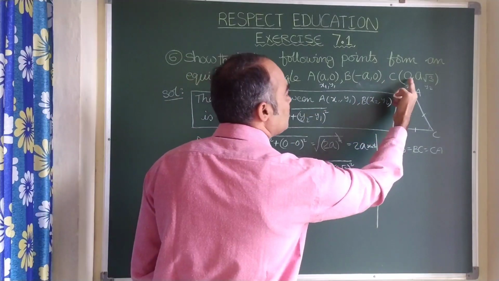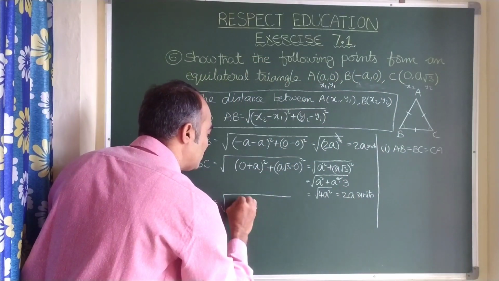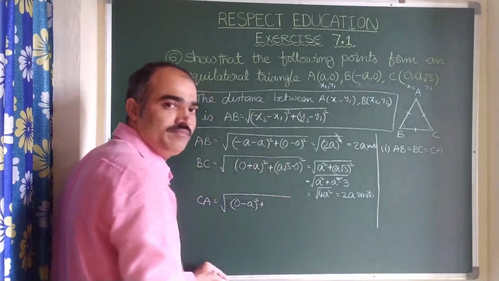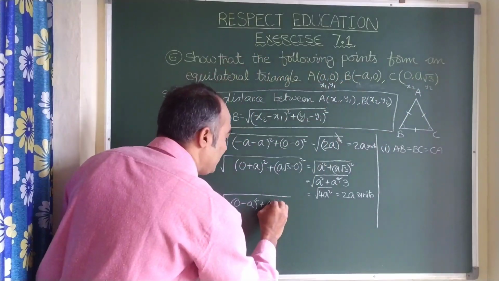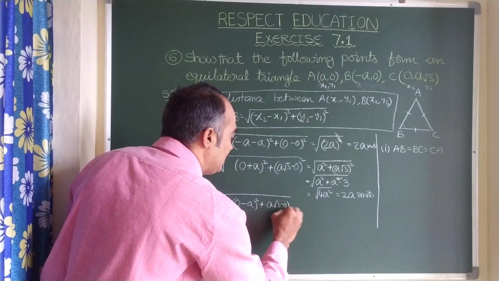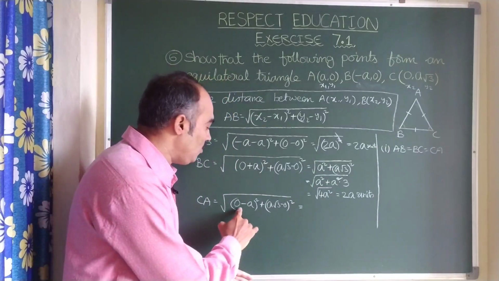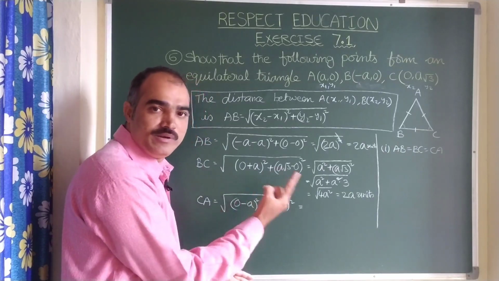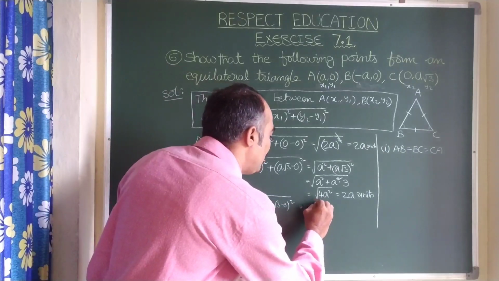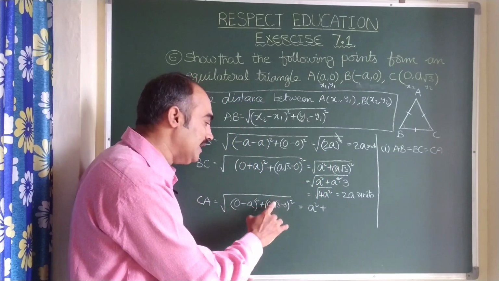So let us take as usual (0 minus a) whole square, because it is (x2 minus x1) whole square, plus (a root 3 minus 0) whole square. Let us simplify this. 0 minus a is nothing but minus a. (Minus a) whole square is plus a square. So plus a square plus (a root 3 minus 0), which is a root 3.